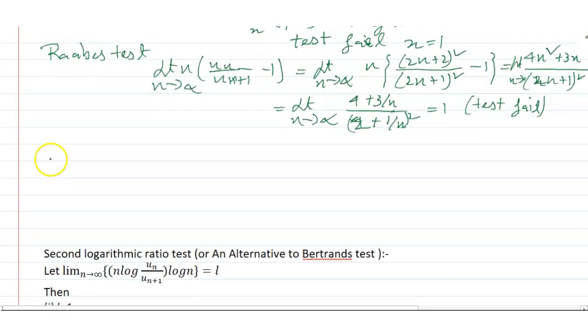So when x is equal to 1, I apply De Morgan's test.